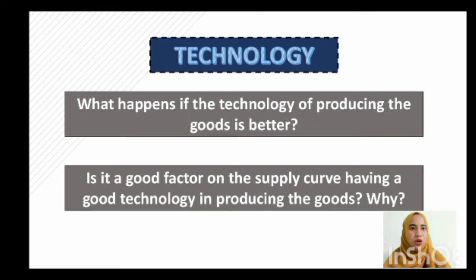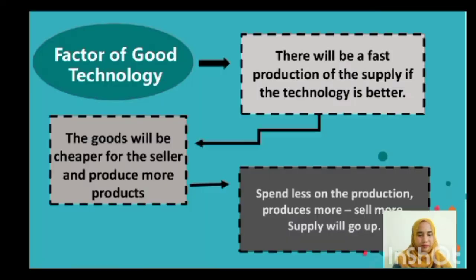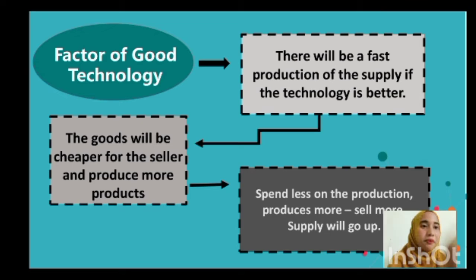So if the technology is better, what will the seller do, for example? If a company, for example a pharmaceutical company, has good technology, there will be a fast production of the supply.